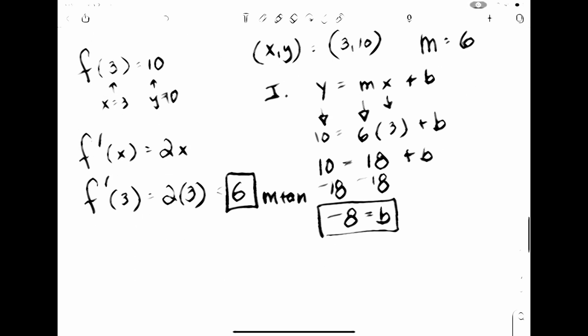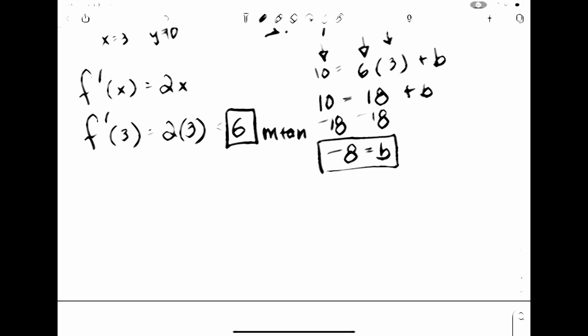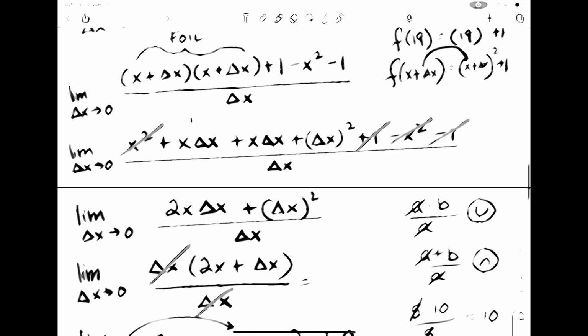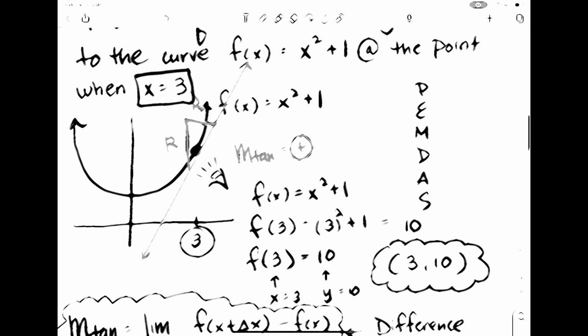Now that we've got slope and y-intercept, y equals mx plus b becomes y equals 6x minus 8. That is the equation of this line here.